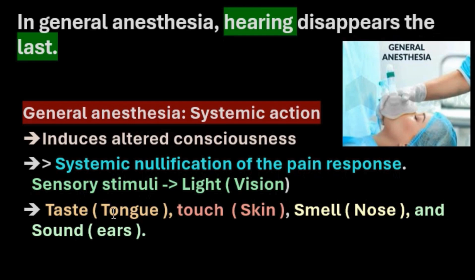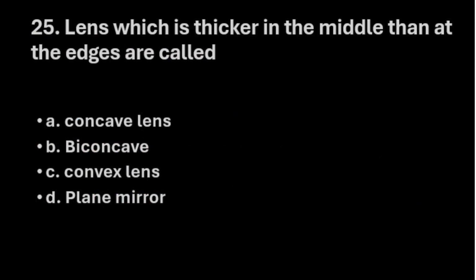Vision will be lost first. Taste or tongue function will be lost. Then touch of skin or pain will be lost. Smell by the nose will be disconnected, and finally, the sound from the ears is disconnected. So hearing is the last function lost during general anesthesia.